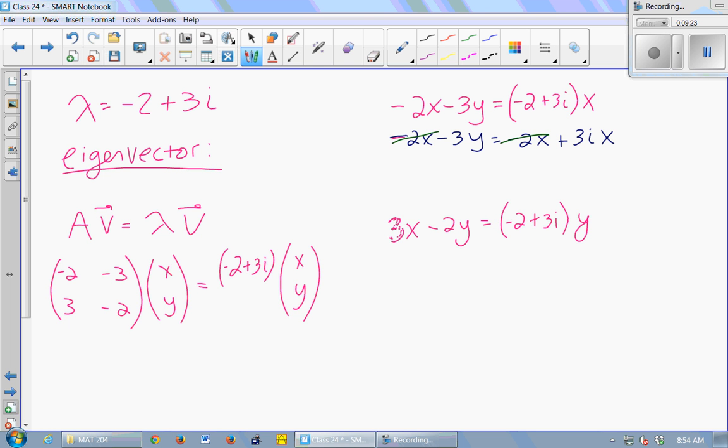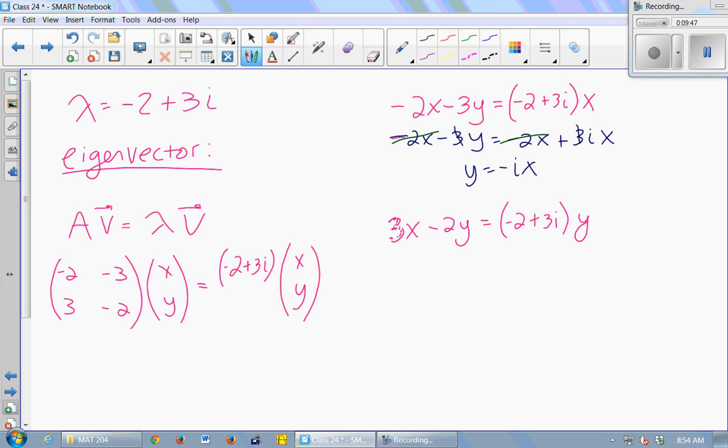And then negative 3y has to equal 3ix. The 3's cancel. So y is negative ix. So there's a restriction. I could use that equation to come up with an eigenvector.